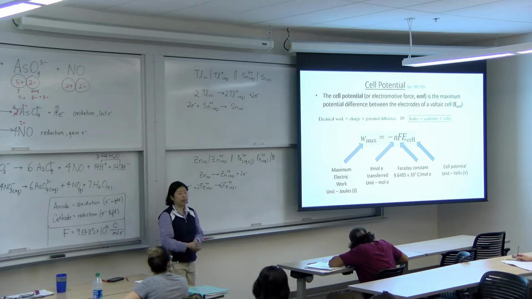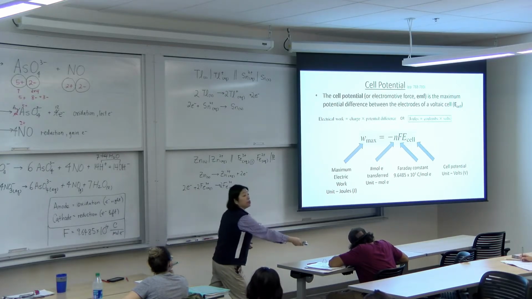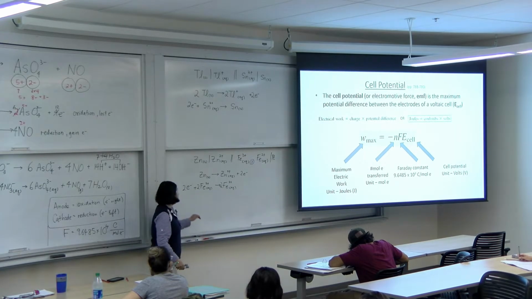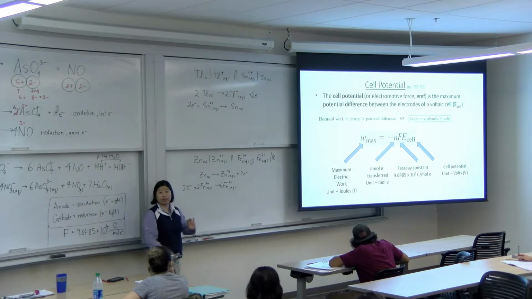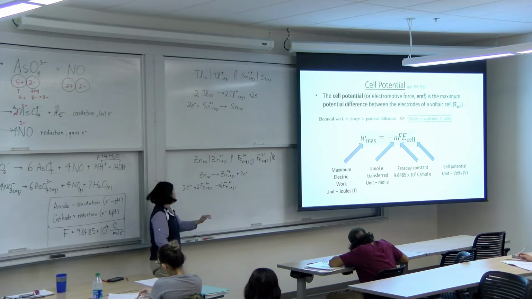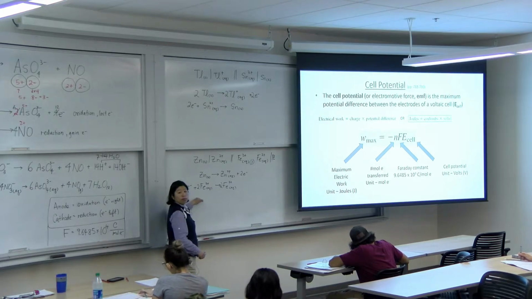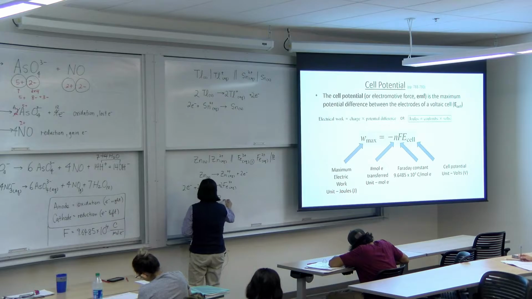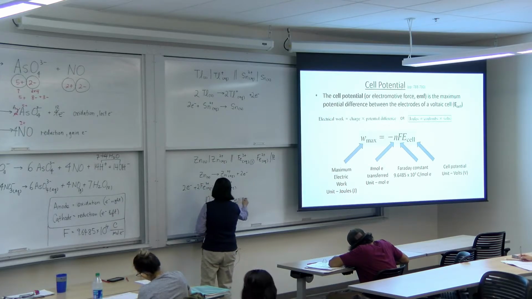Being transferred means, like, I give it to him, from the anode to the cathode. How many are being transferred every time this reaction happens? 2 electrons, 2 moles of electrons. So in this particular example, n would equal 2 moles of electrons.